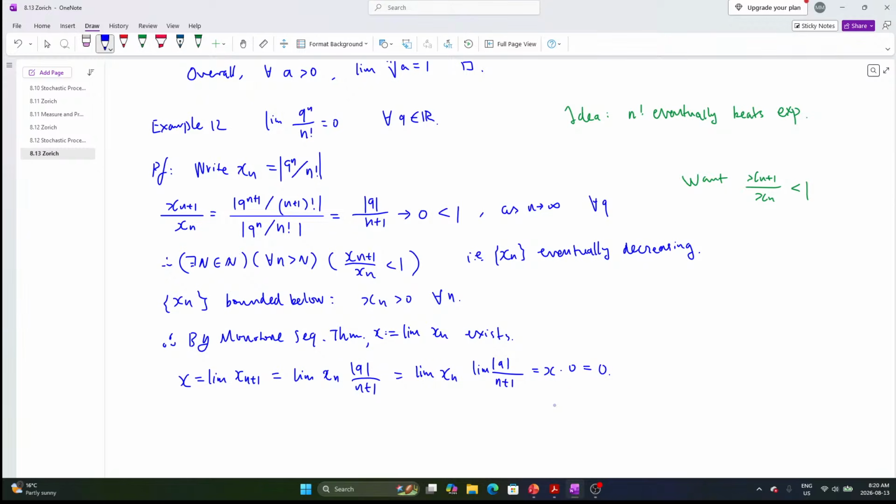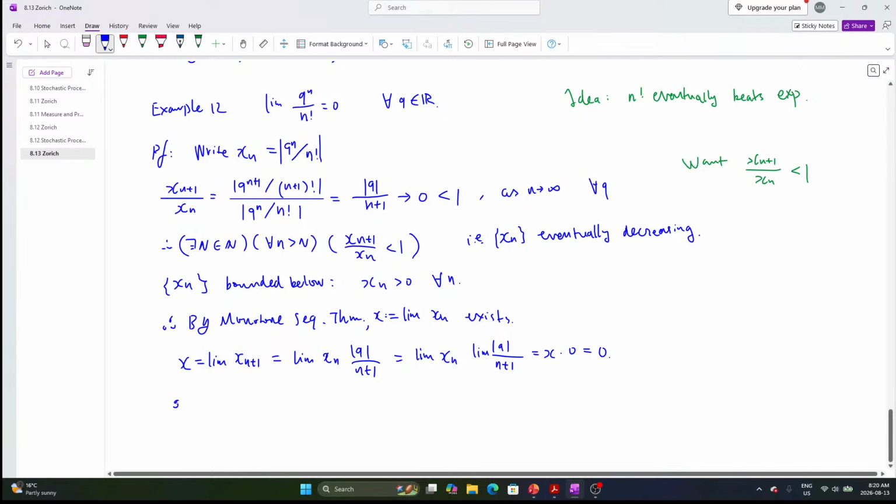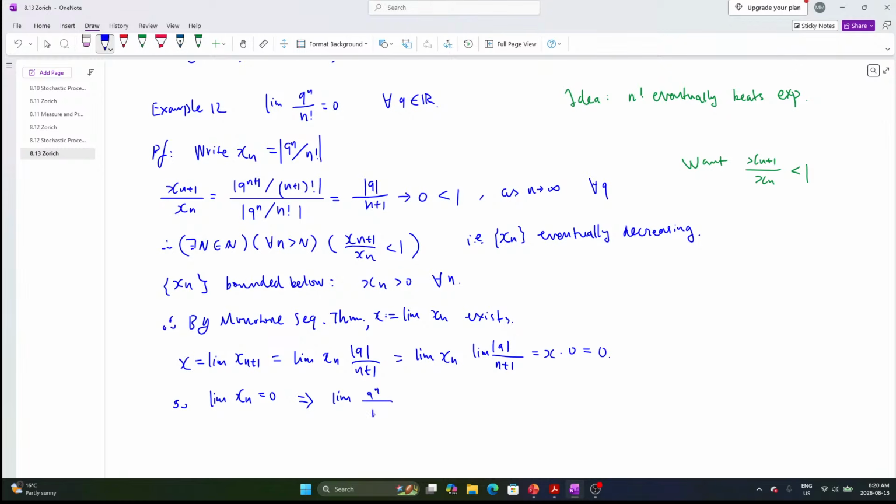There's not any need to solve an equation. So that's it. Okay, so x is 0, so therefore overall we conclude the limit of xn is 0, and this implies that without the absolute value, the inner term also tends to 0. The limit of q to the n over n factorial is also 0. Okay, so we're done.